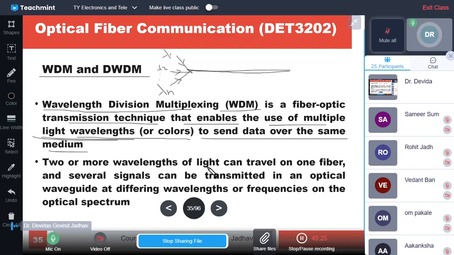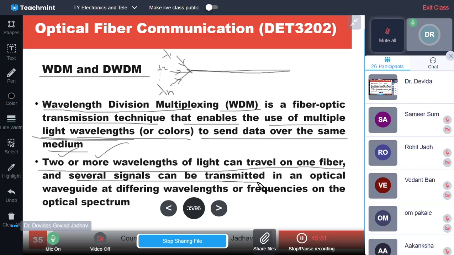It is very simple, but the structure, operation, etc. are yet to be studied. Two or more wavelengths of light can travel over a single fiber, and several signals can be transmitted.